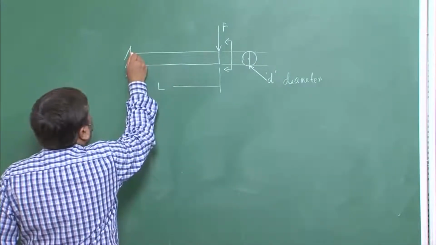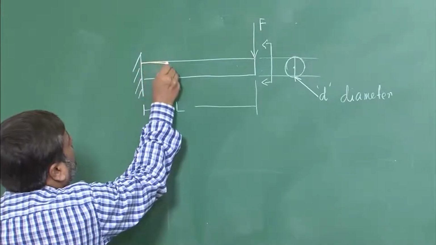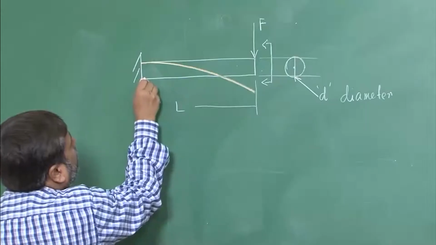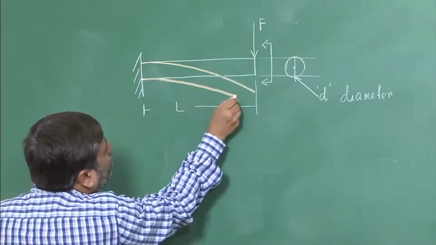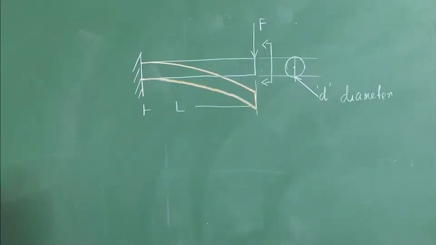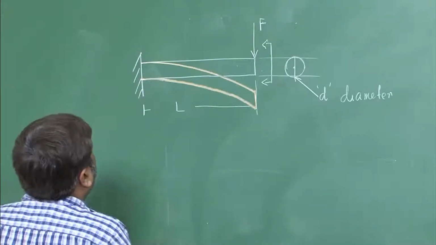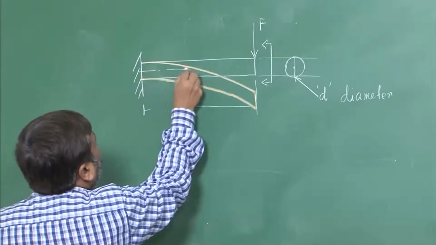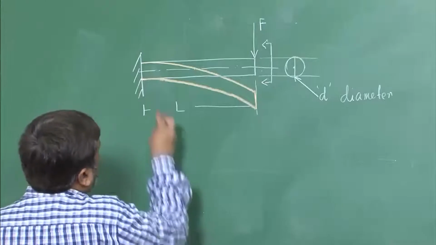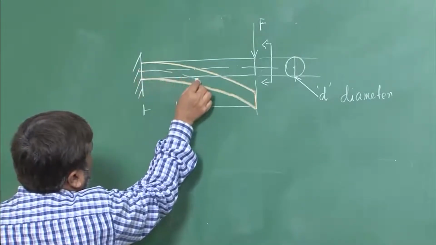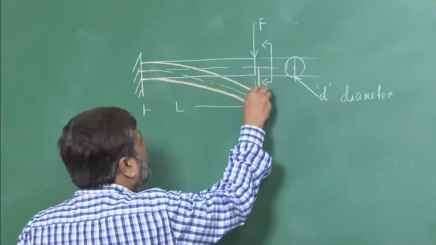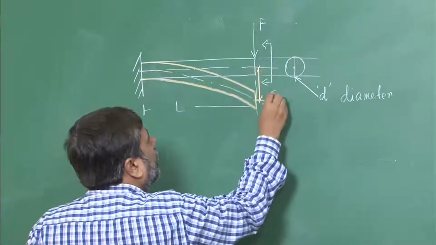If you try to exaggerate the deflection, let us say if the load is quite high, then this is the way it is going to deflect, which means that the central point of the beam moves away from the same center line, and this distance is delta.